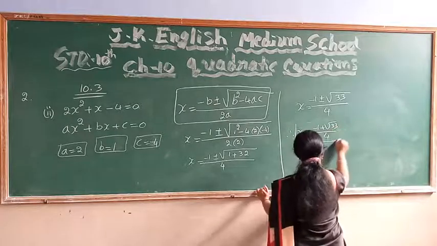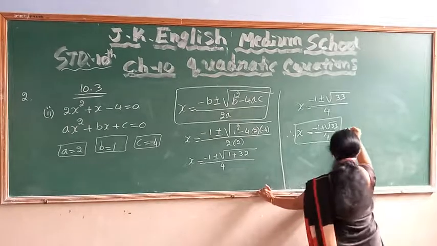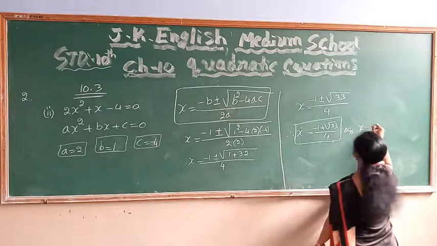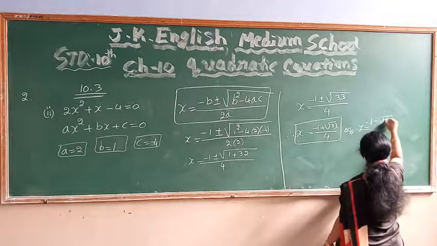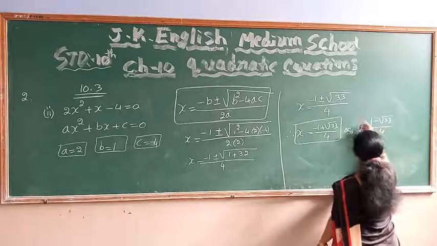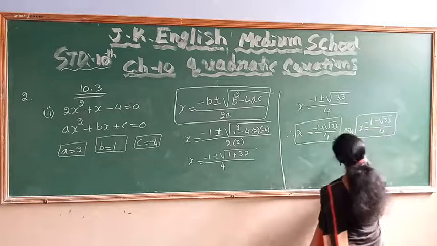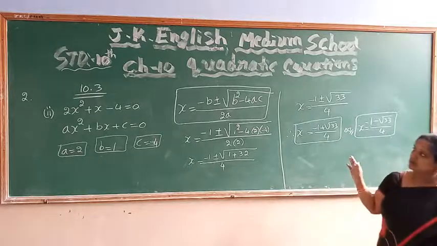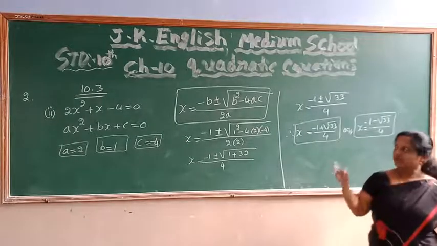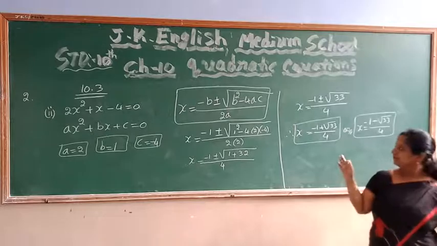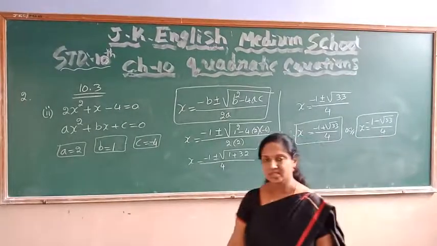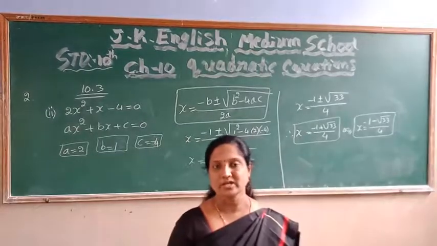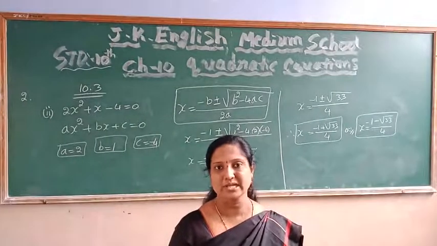This is one root. Another root: x is equal to minus 1 minus root 33 divided by 4. These are the two roots of this quadratic equation. By using the quadratic formula, we found the roots of this quadratic equation, children. In this manner you have to solve a quadratic equation by using the quadratic formula.